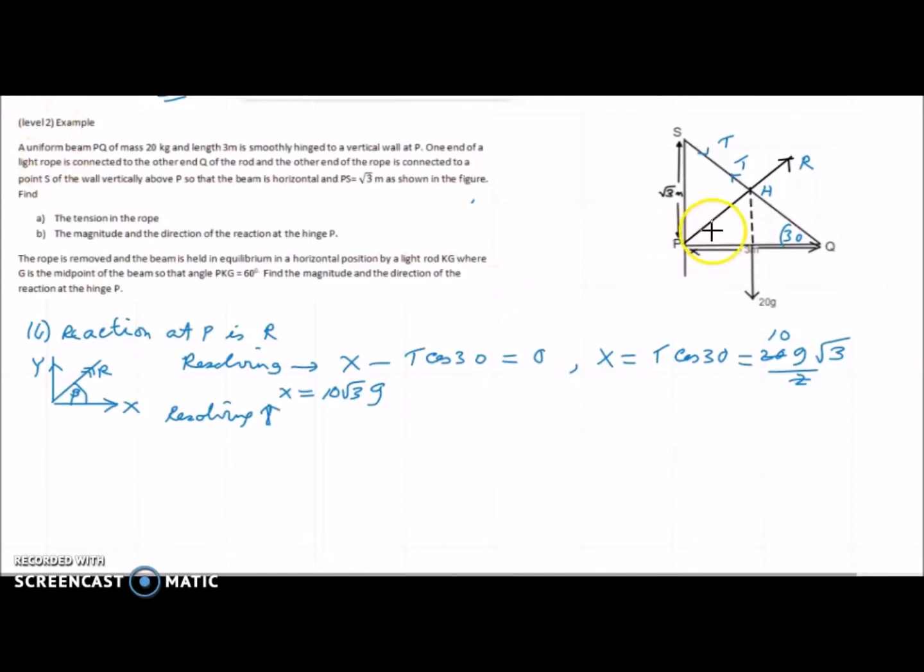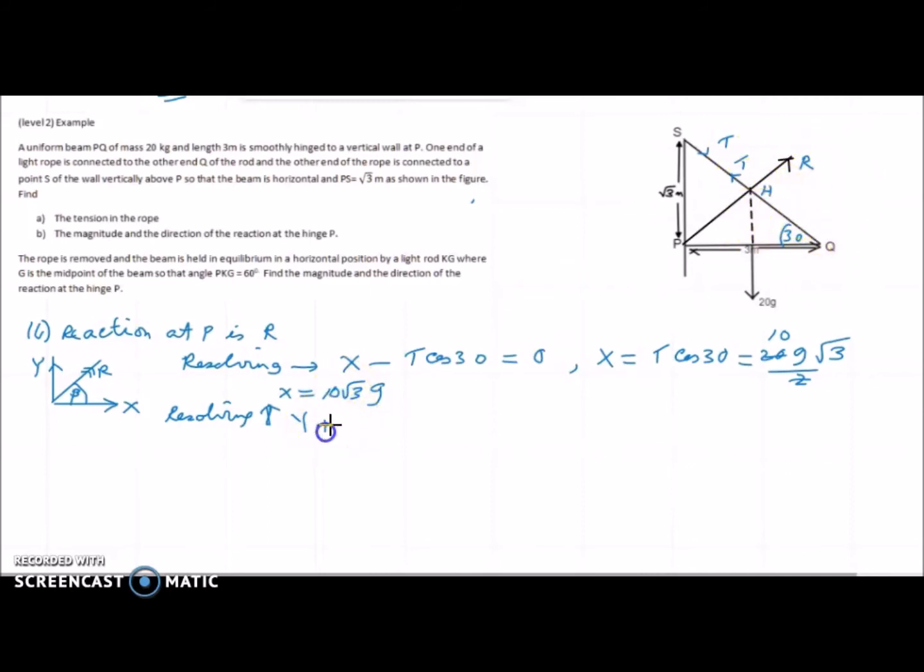Then the algebraic sum of the resolved parts of the forces along the vertical direction is also 0. What is the resolved part of R in this direction? That is Y. When we resolve T in the vertical direction, that is T sin 30.